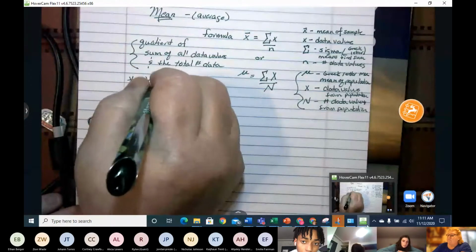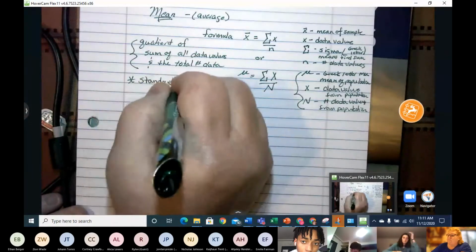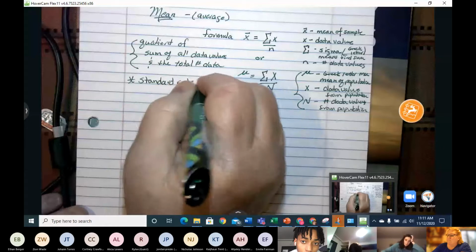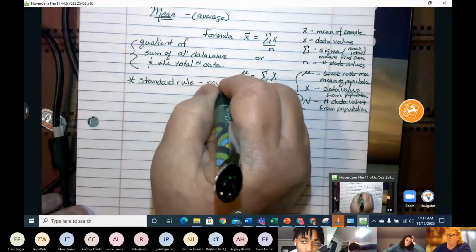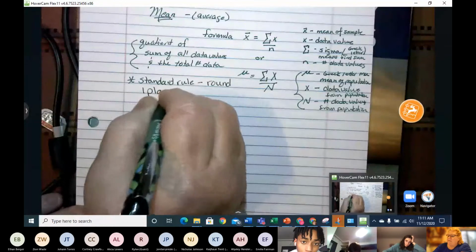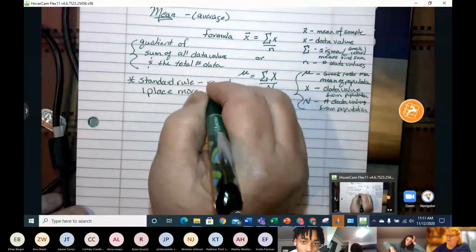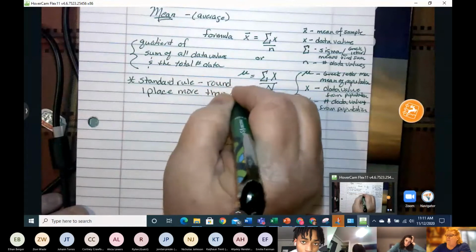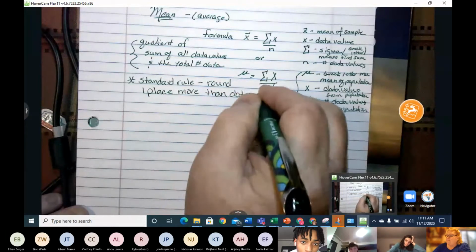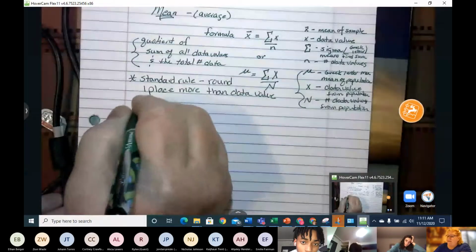Standard rule: round one place more than the data value. Now, what does that mean?